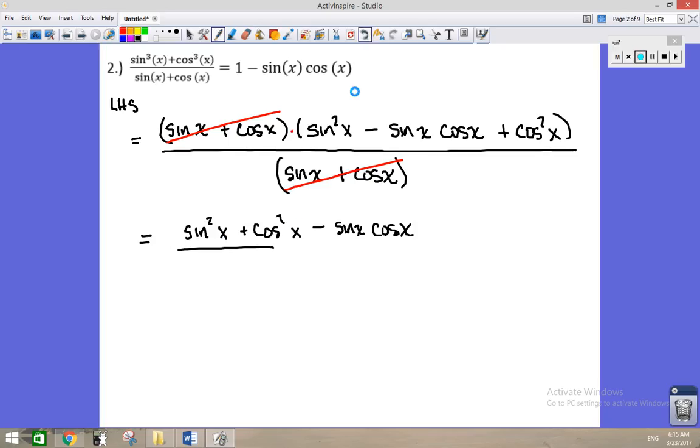And that's all over 1 because we canceled that. The reason that I wrote these two terms right next to each other is by our Pythagorean identity, sine squared of x plus cosine squared of x is 1. So we have 1 minus the sine of x times the cosine of x. And even if this multiplication was a different order, it's the same as the right-hand side. So we're done with this one.